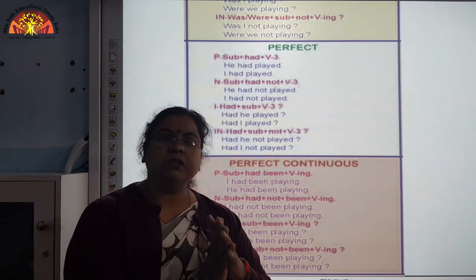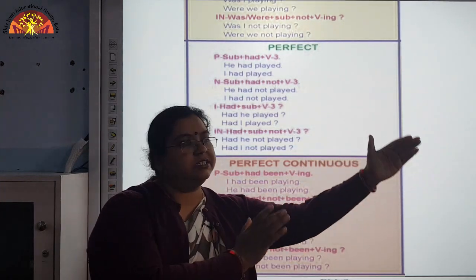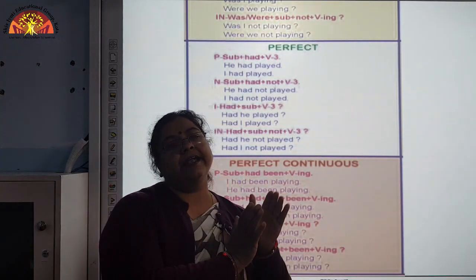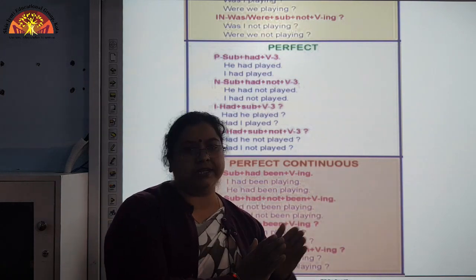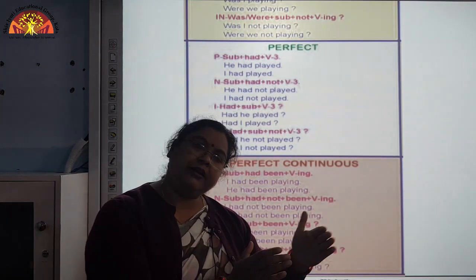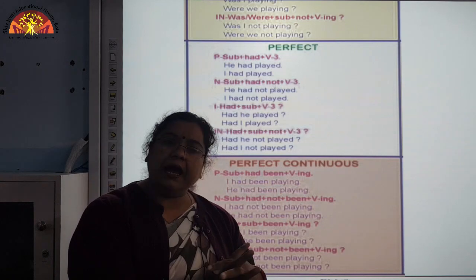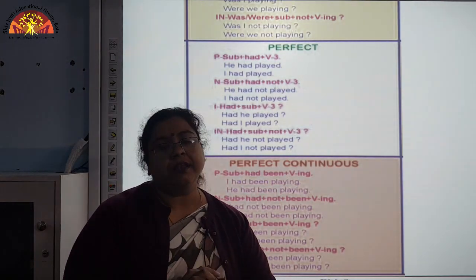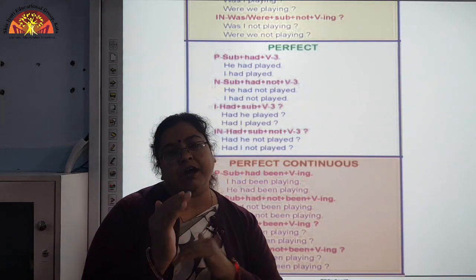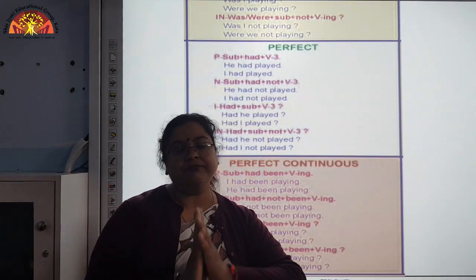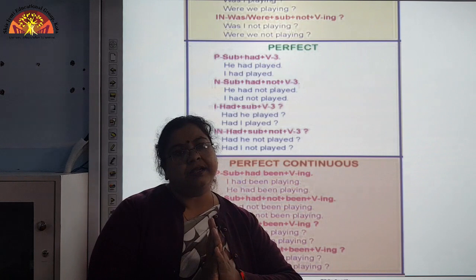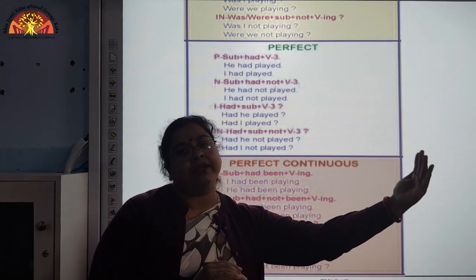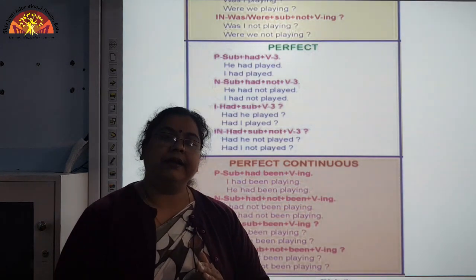There was a particular action which started and was in progression. Normally this tense is used when we are talking about a particular action which happened, but something was in progress before it.